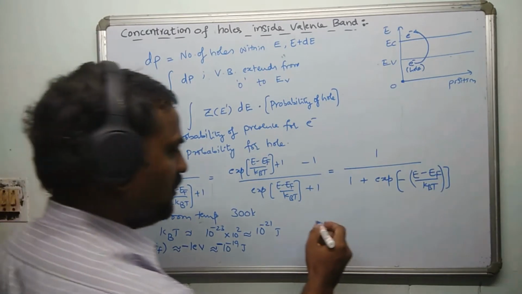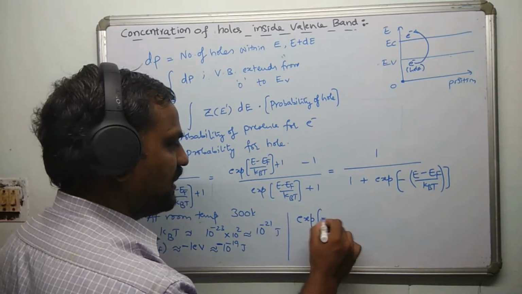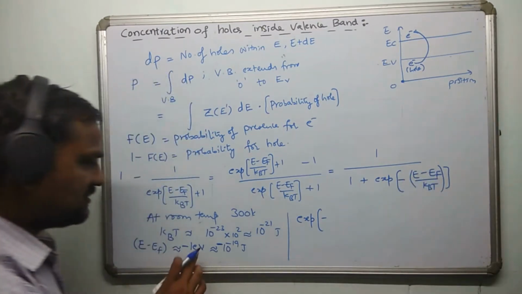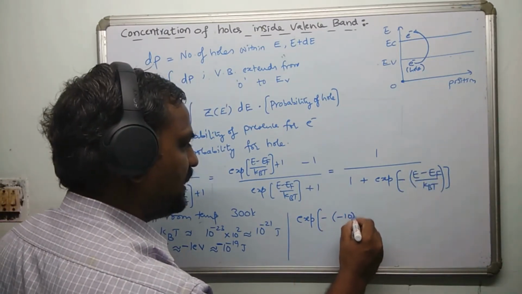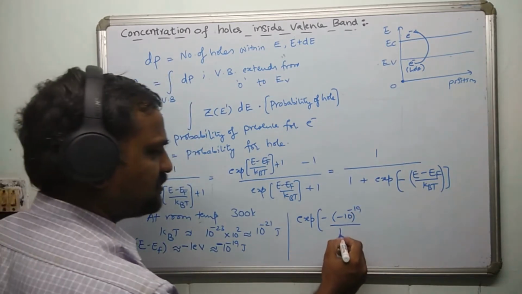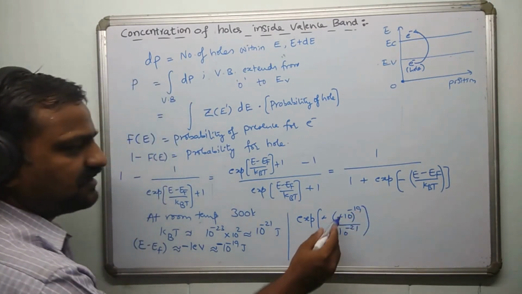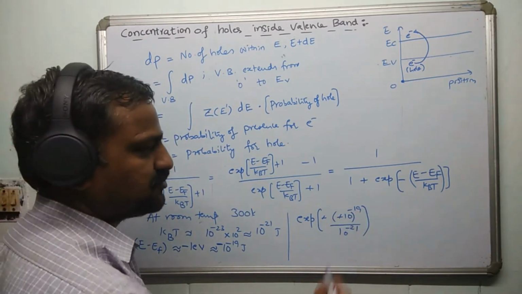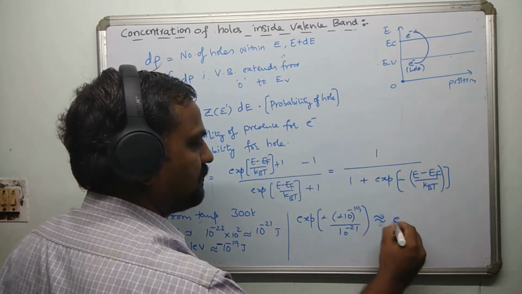So what is the order? If we just calculate that, exponential of minus (E minus EF) is nothing but 10 power 19 divided by the denominator 10 power minus 21. So the minus signs are gone. We are left with 10 power 19 by 10 power 21, which is about e power 100.